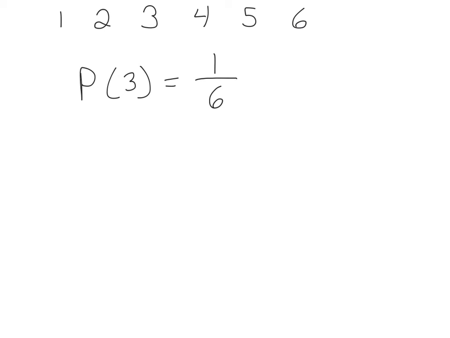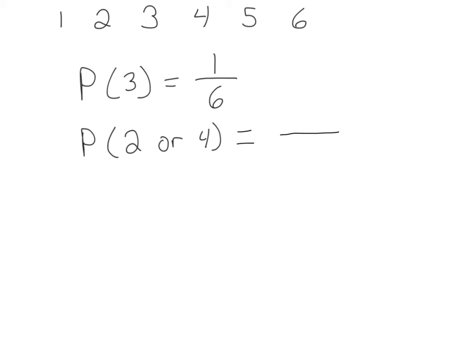What is the probability that if I roll a die, I would get a 2 or a 4? All right, let's talk about how many possible outcomes I can have. Well, once again, I could either get a 1, 2, 3, 4, 5, or 6.